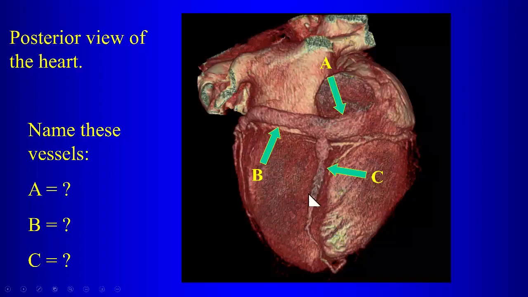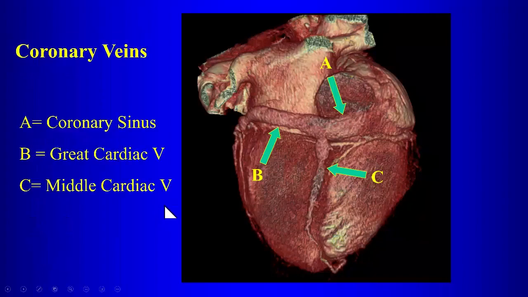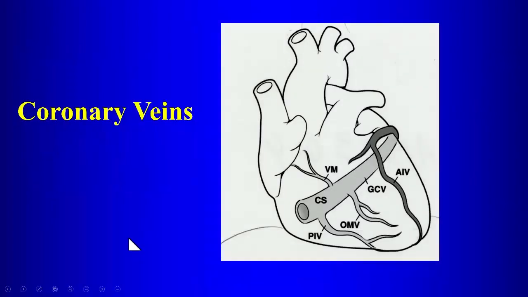So that runs alongside here, the posterior descending artery, and then vessel B is the great cardiac vein. Okay, so the posterior interventricular vein is also called the middle cardiac vein. All right, so we're looking at the veins: coronary sinus, great cardiac vein, and middle cardiac vein, or posterior interventricular vein. All right, so these are the coronary veins.